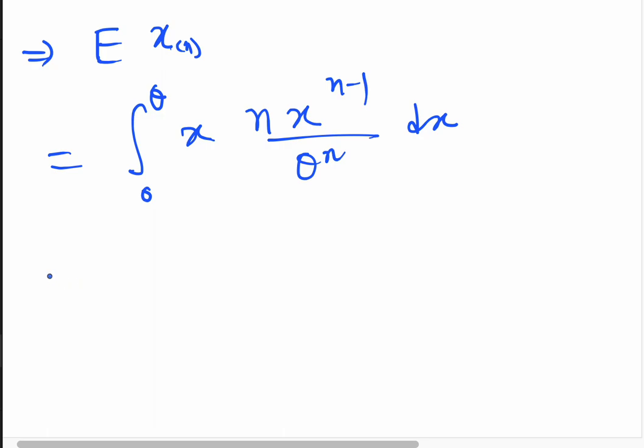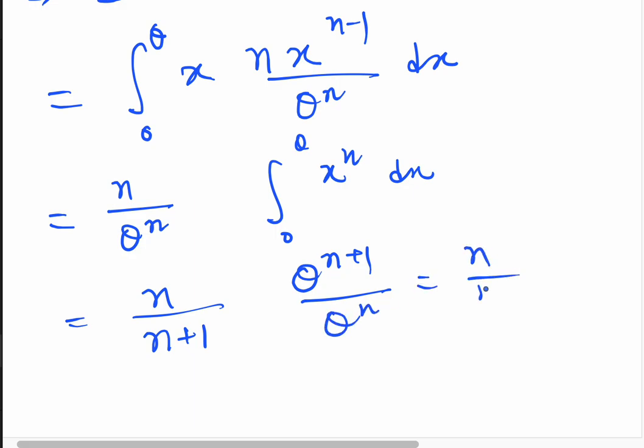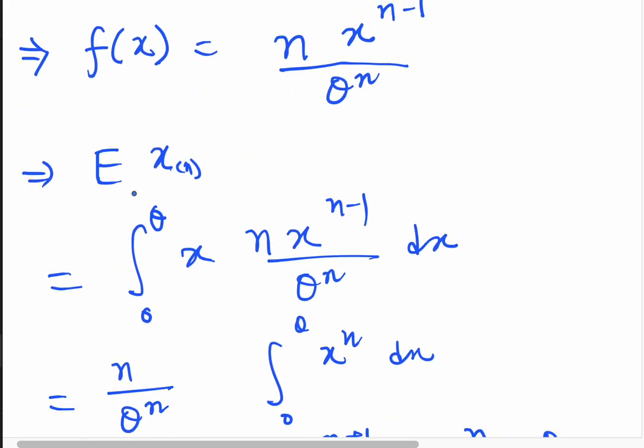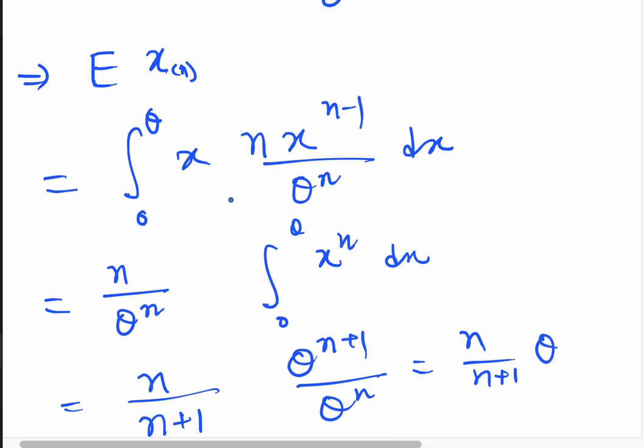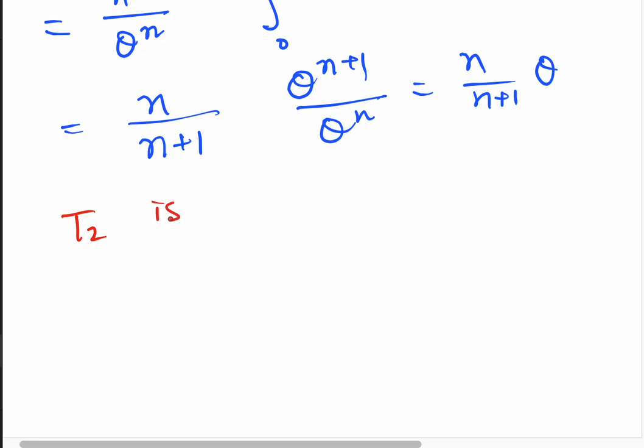So this is n by theta to the power n times the integral from 0 to theta of x to the power n dx. So this will be n by n plus 1 theta to the power n plus 1 by theta to the power n, so that is n by n plus 1 theta. So you see that the expectation of this estimator is not equal to the actual parameter. That means T2 is not an unbiased estimator.